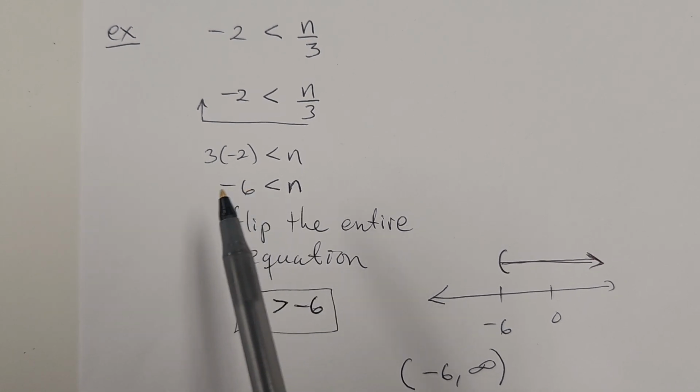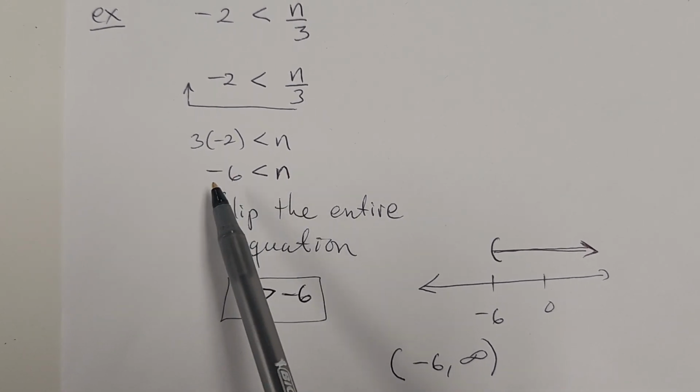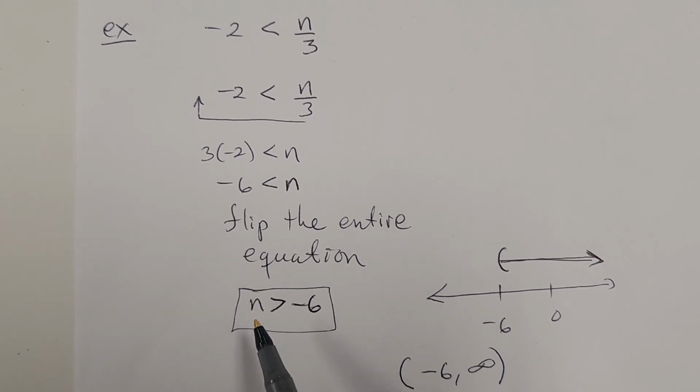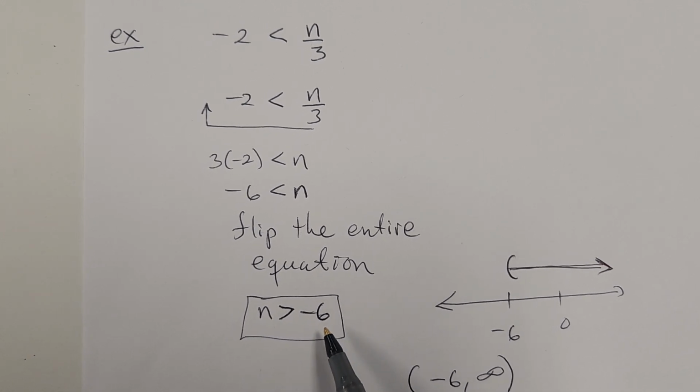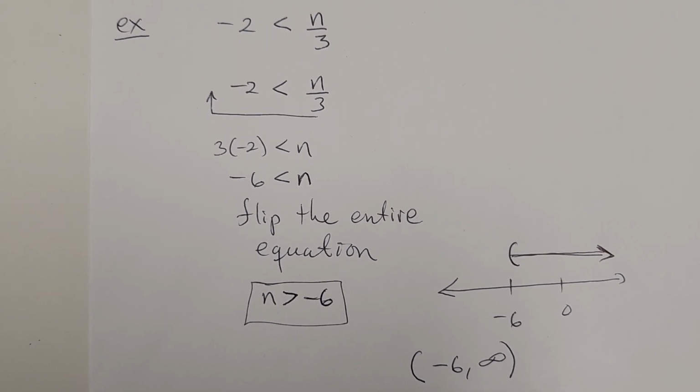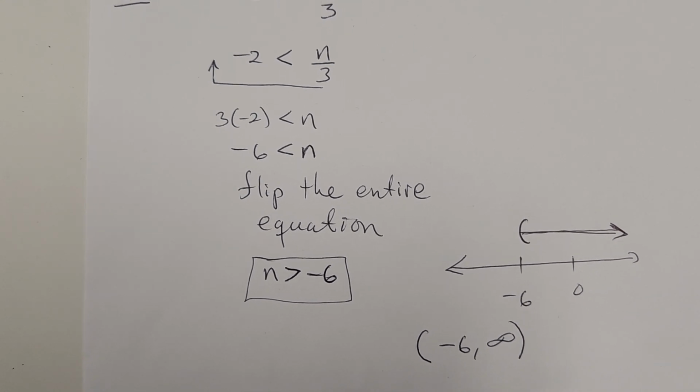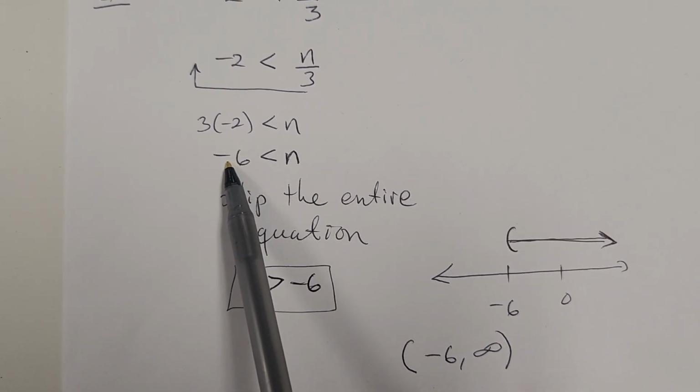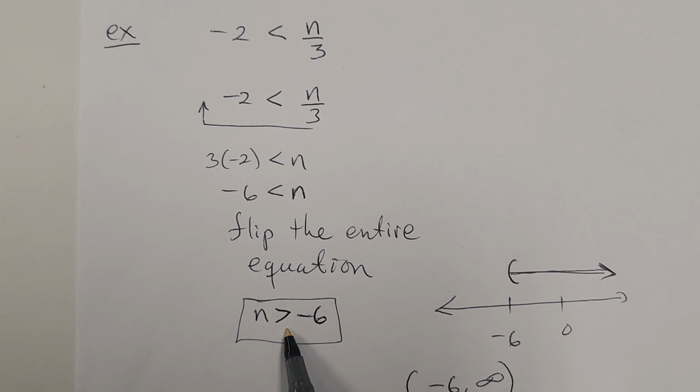Just literally flip the whole thing over. So instead of -6 less than n, it becomes n greater than -6. That's how you flip. Just flip the whole entire answer over.